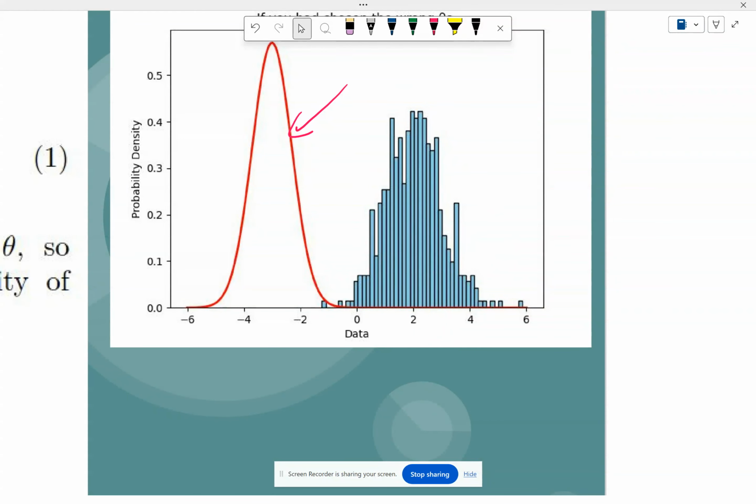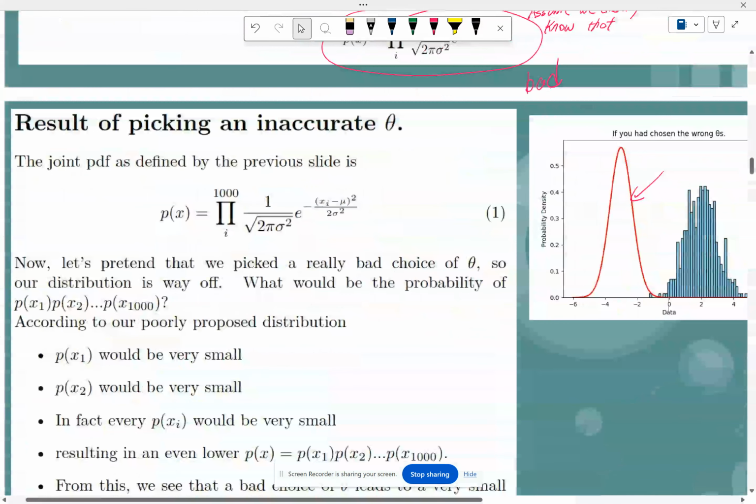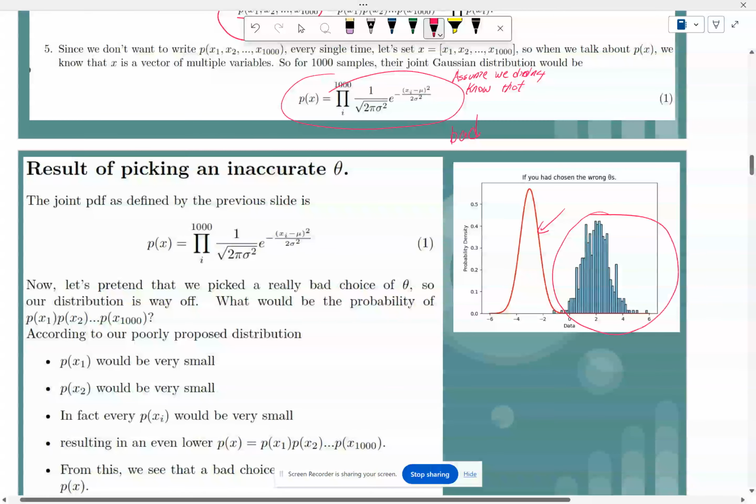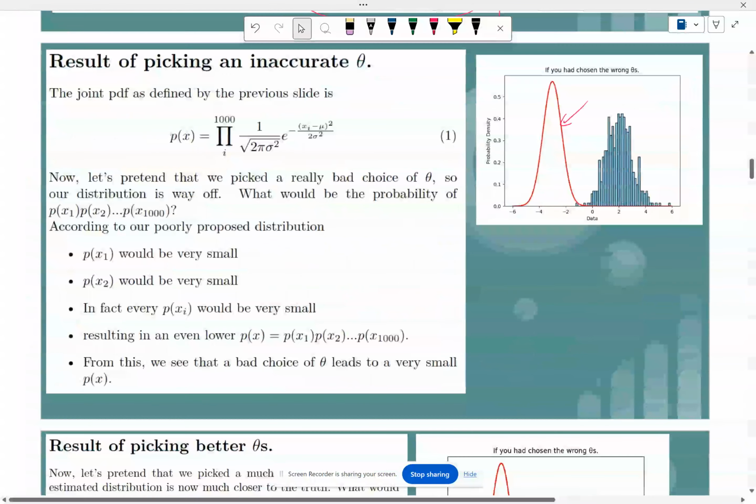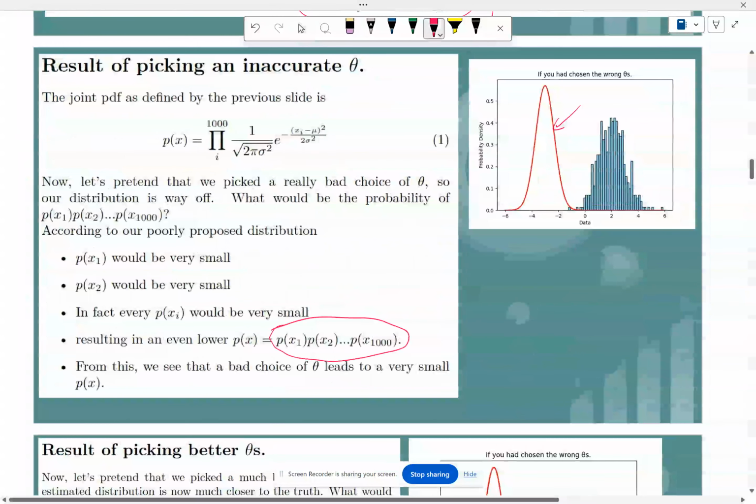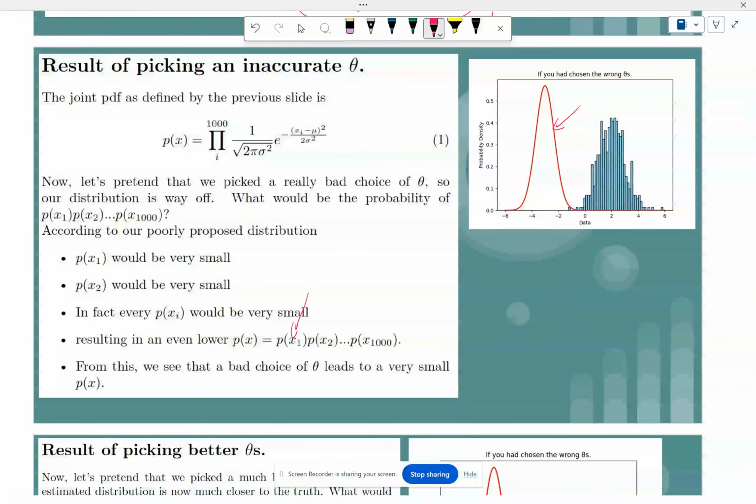So this means that when we are calculating the probability of all these data, remember, we have the joint. It will be the probability of the first one, which is a very small number, times the probability of the second, a very small number. So all these very small numbers multiplying with each other lead us to a very, very small number. Okay?